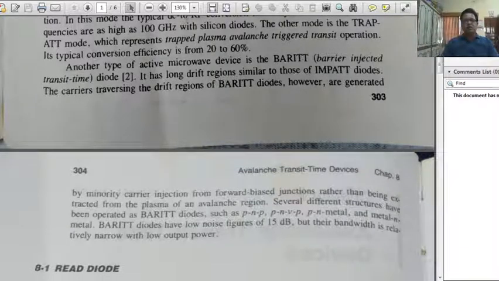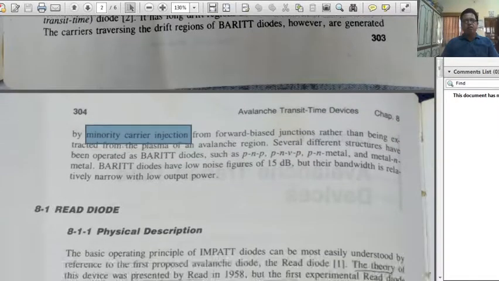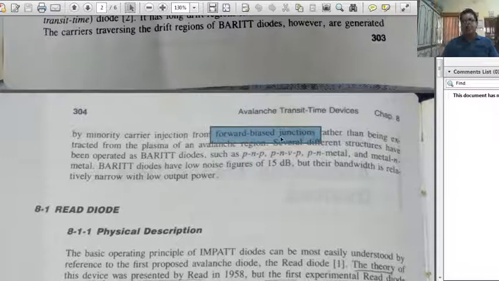The carriers traversing the drift regions of BARITT diodes, however, are generated by minority carrier injection from a forward biased junction, rather than being extracted from the plasma of an avalanche region.